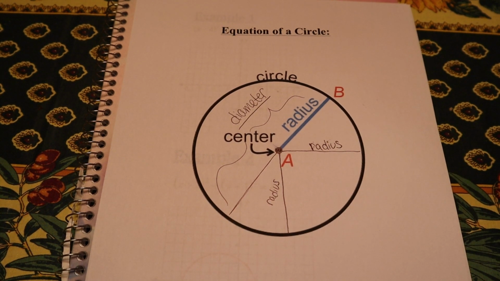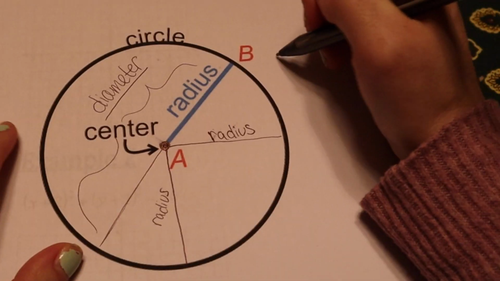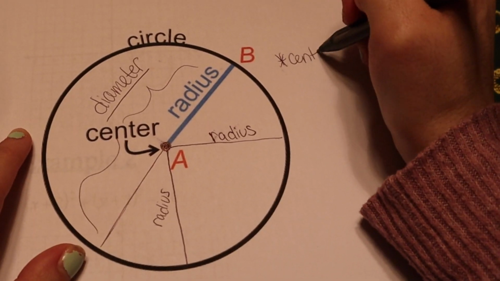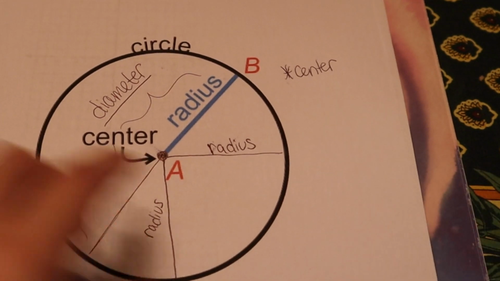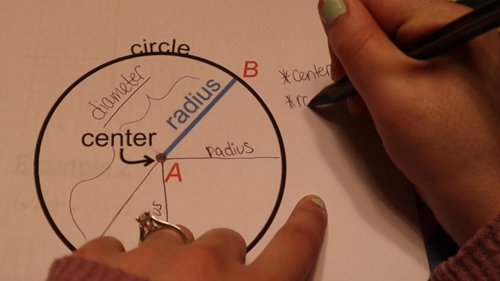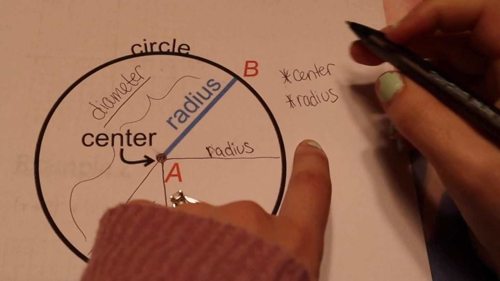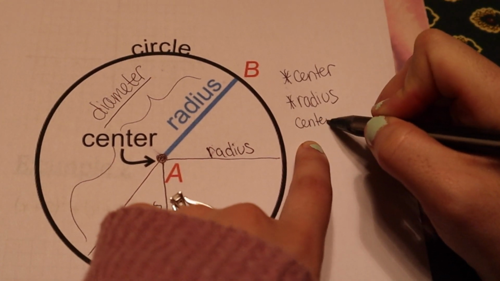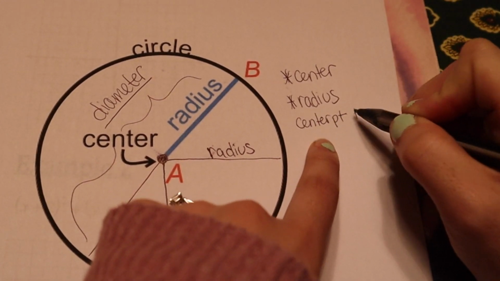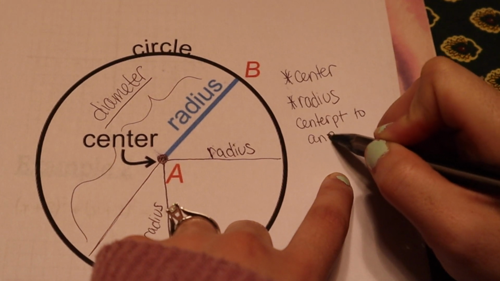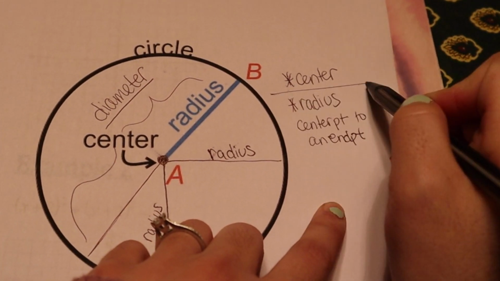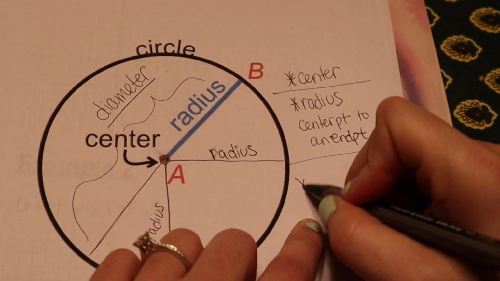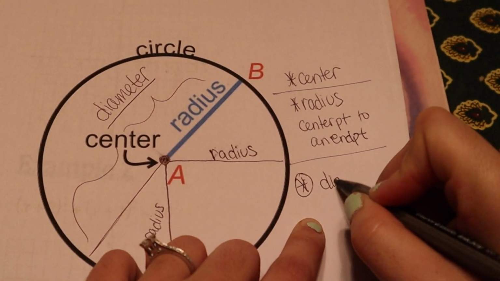So right now the important vocabulary to know is the center, that's the coordinates of the dot directly in the middle. The radius, that goes from the center point to an end point on the circle. And then the final one that matters would be the diameter.